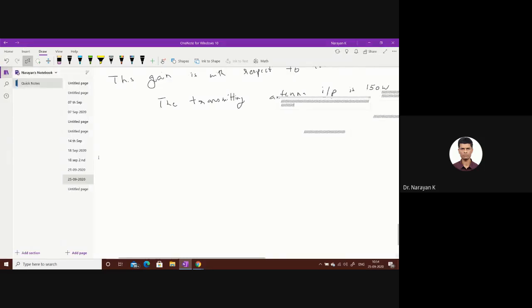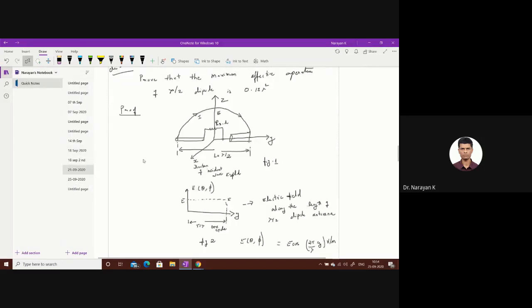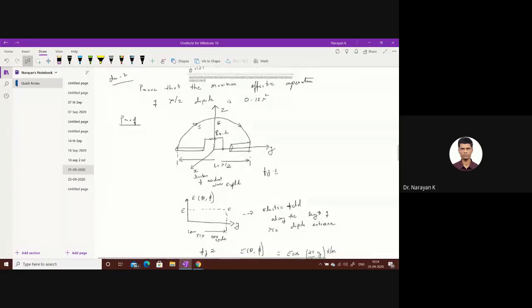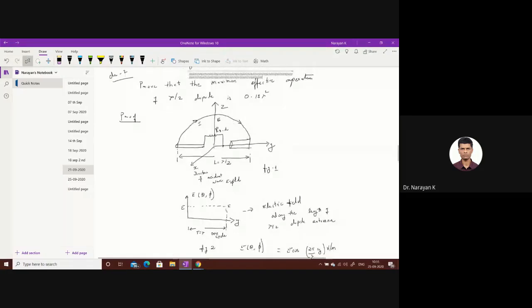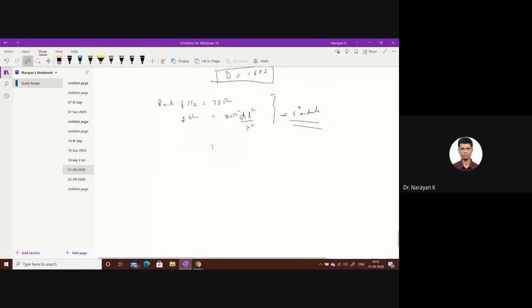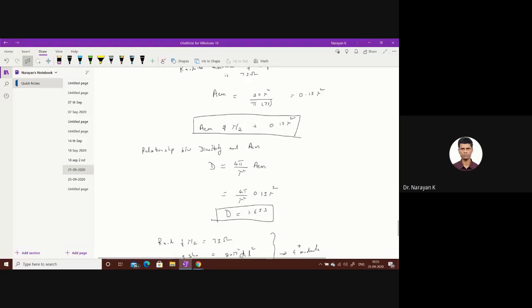I'll just go back to your previous class. This is the directivity and effective aperture. 4 pi by lambda square into effective aperture is equal to directivity.